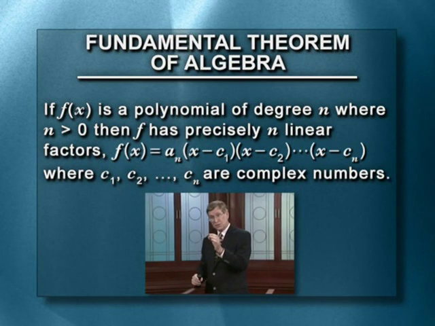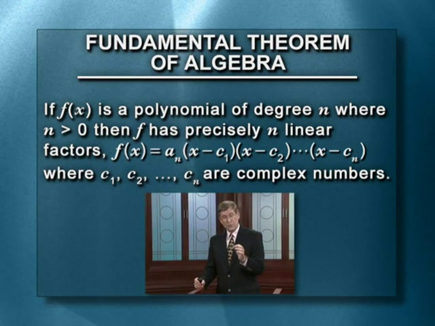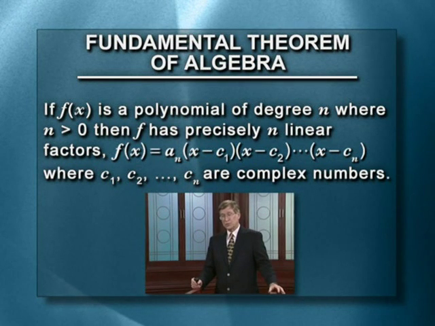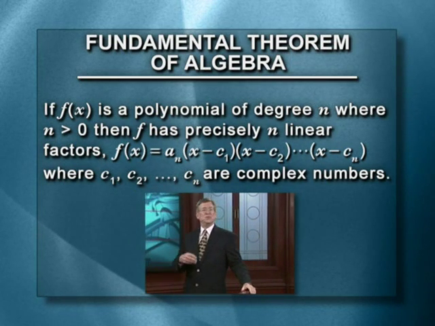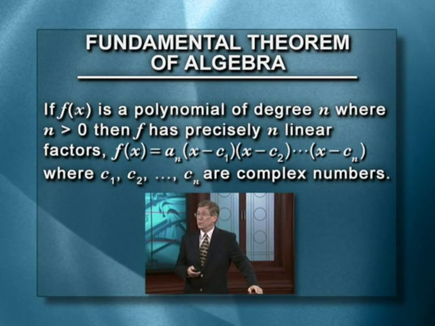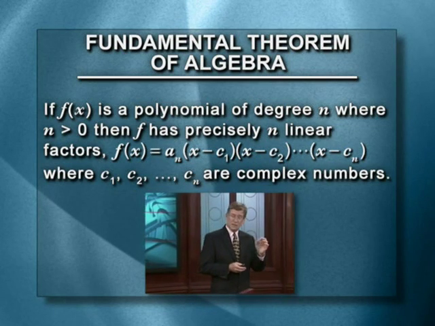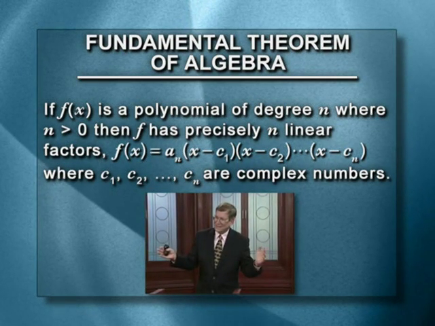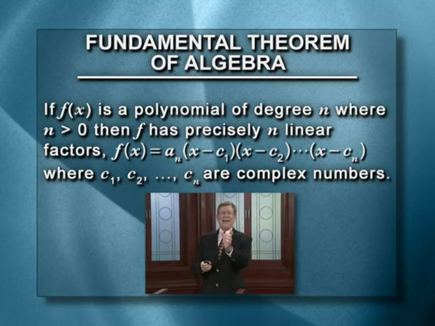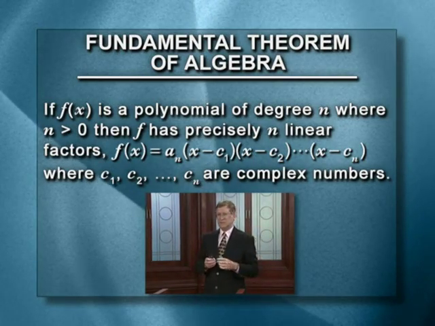Those c's are complex numbers, and those are the zeros, the roots of that polynomial equation. Now, those c's could also, in some cases, of course, just be real numbers, or they could even be repeated. But the bottom line is, given a polynomial of degree n, theoretically, you can factor it into n linear pieces.